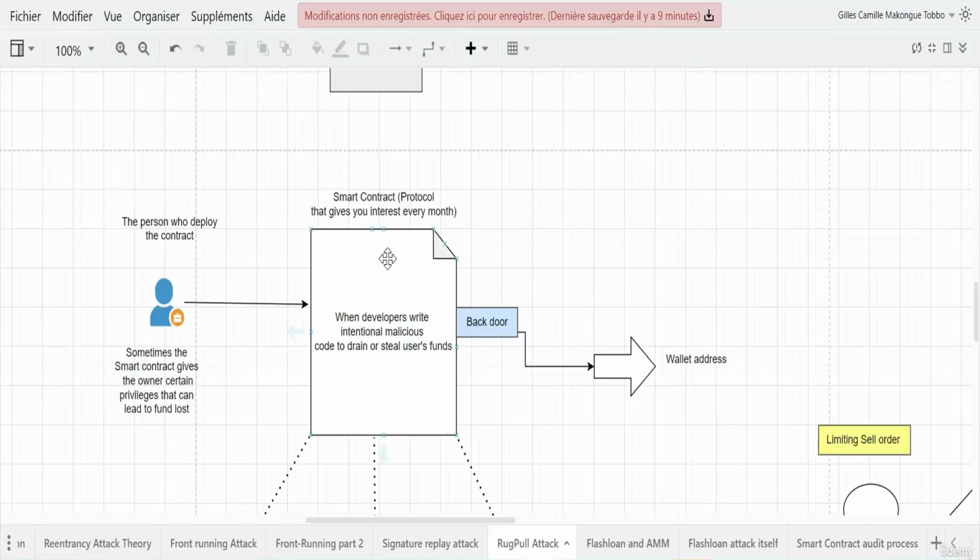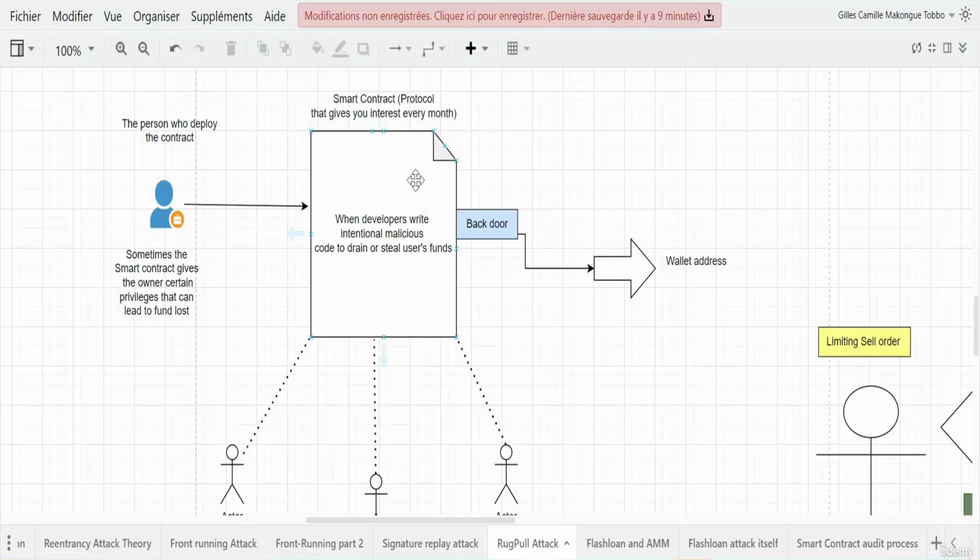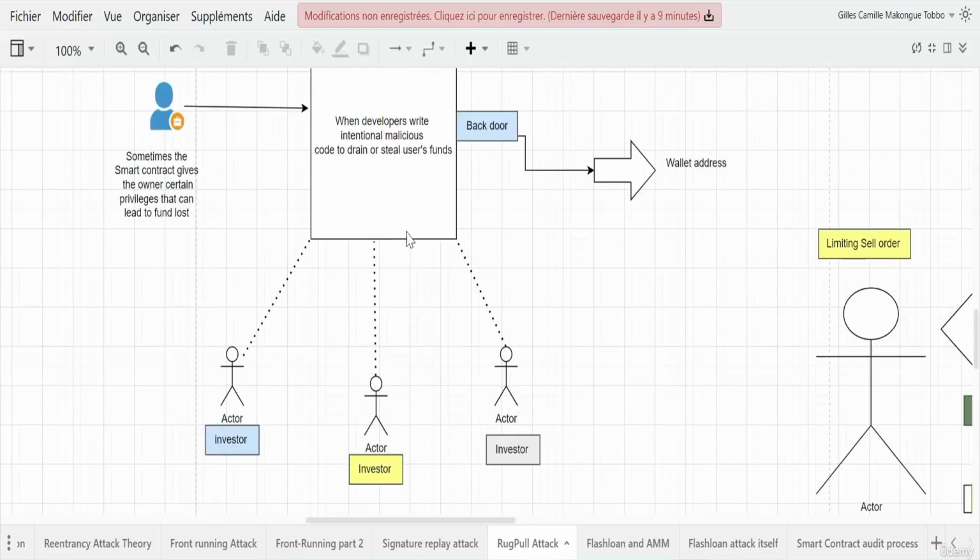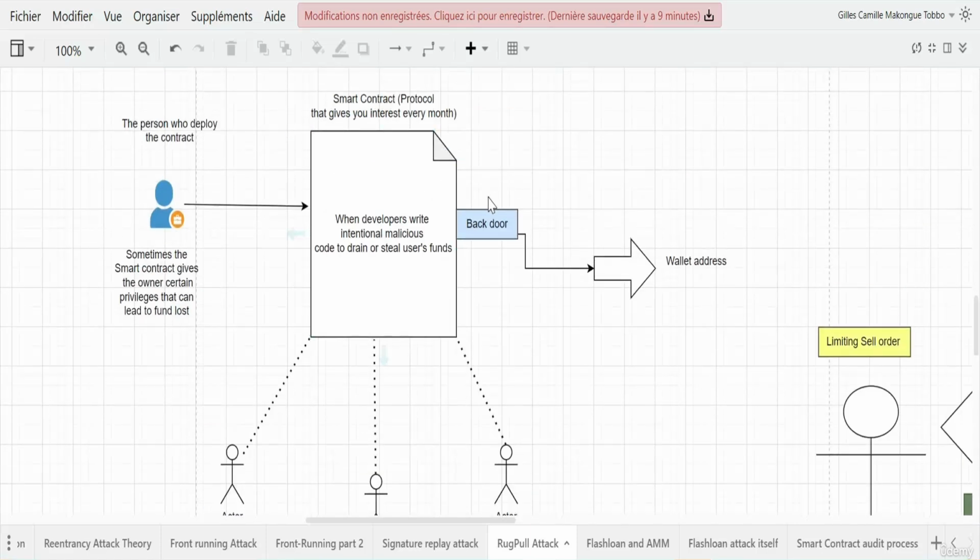So the owner can tell the developer to write a backdoor code so that we can remove the money that those people invested and send it to another wallet, the wallet of the CEO, the owner of this platform. Okay, so that is really easy to do.